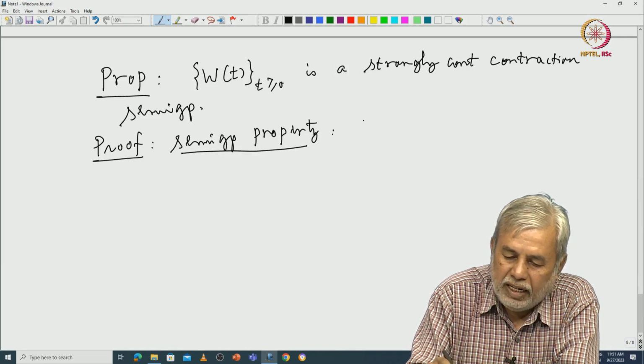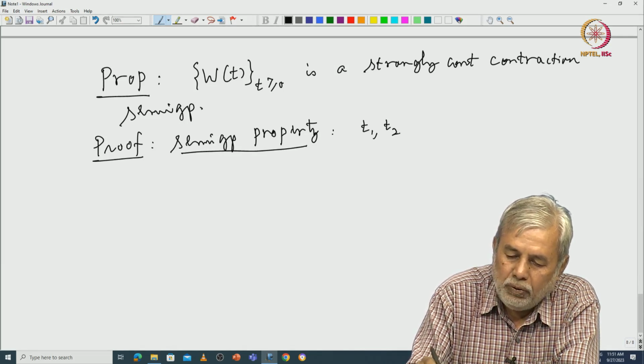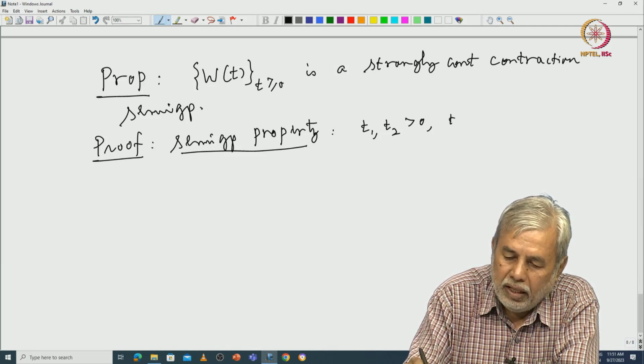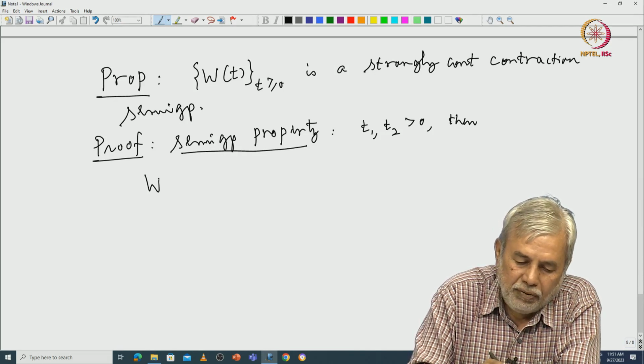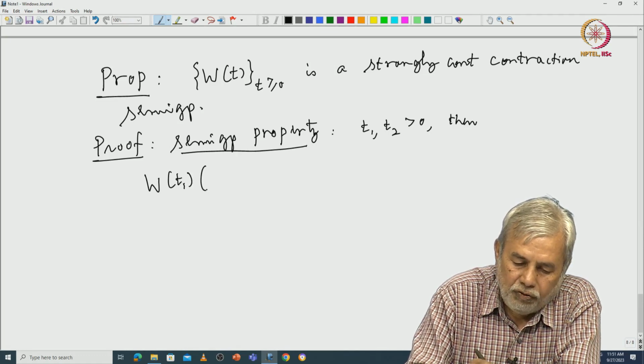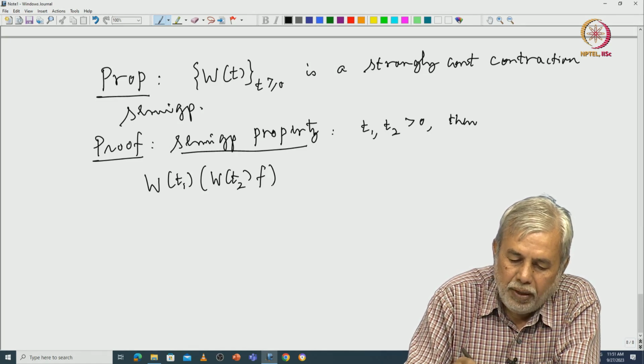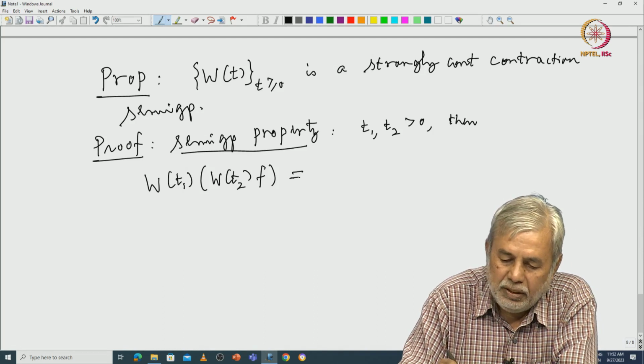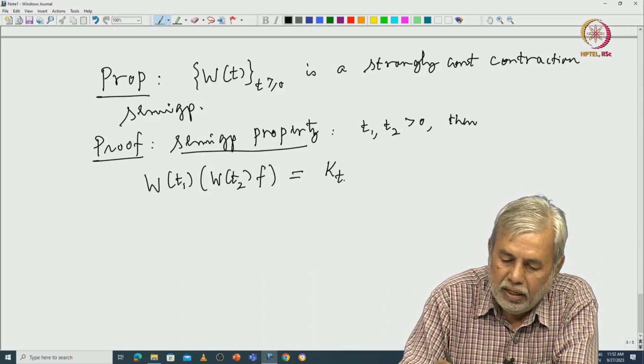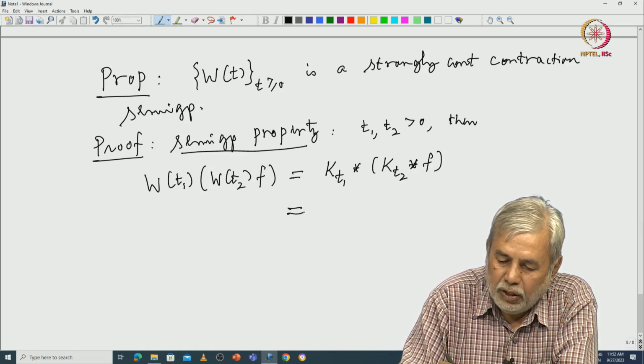Okay. So if you take t1, t2 positive, then this W t1 of W t2 f is in Lp. So this is by definition K t1 star K t2 star f, and by associativity, this is K t1 star K t2 star f.